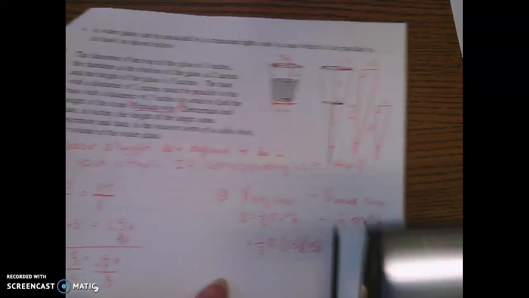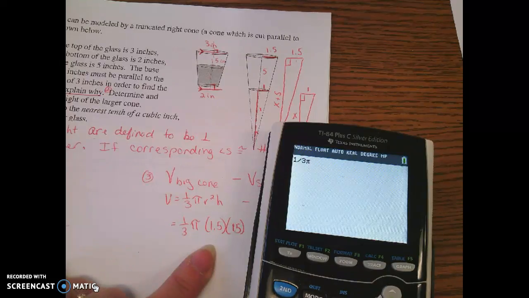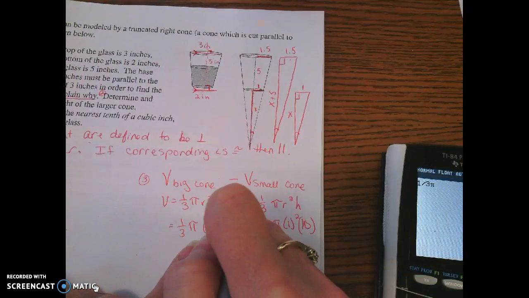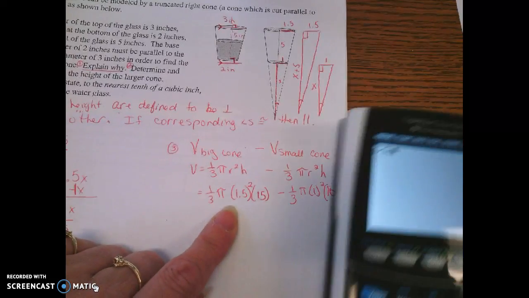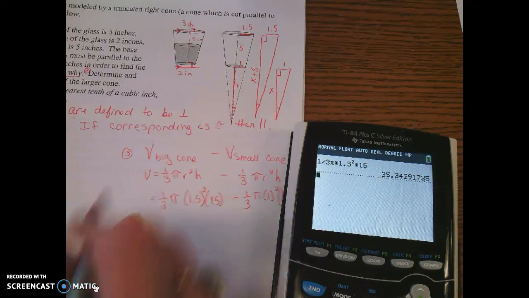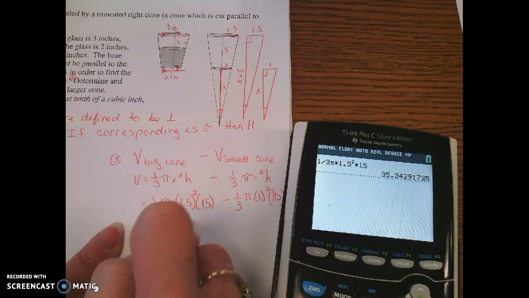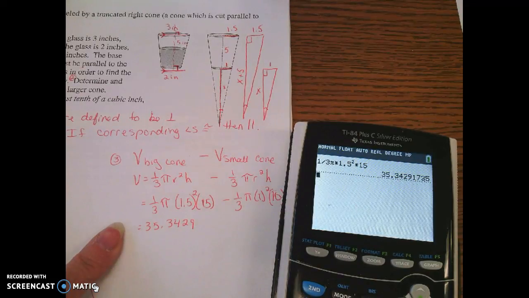All right, so let's type all this in. I have 1 divided by 3 times pi, and I forgot my squared. Oh my goodness, this problem's turning out to be a mess. I need that times 1.5 squared times 15. This is the volume of the bigger cone.